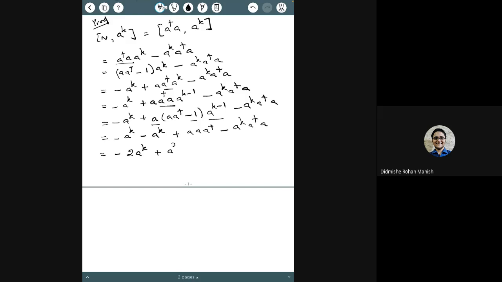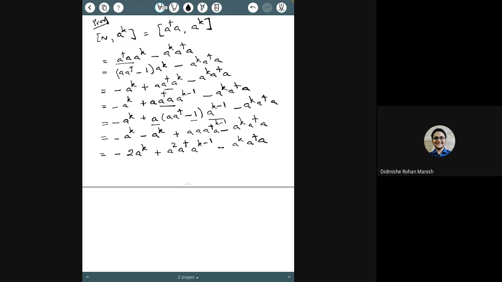This is a square, a dagger, with a to the power k minus 1: a square, a dagger, a to the power k minus 1, minus a to the power k, a dagger, a.